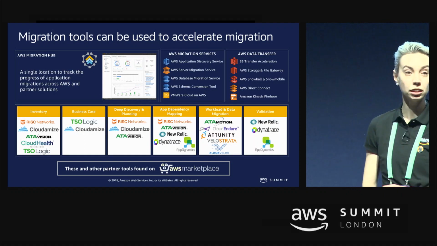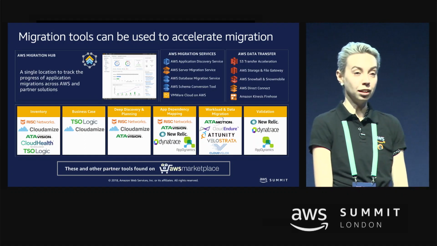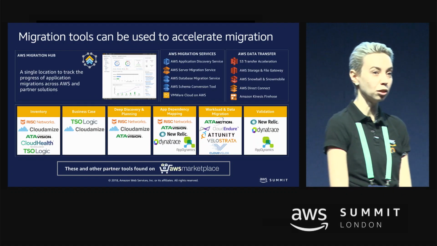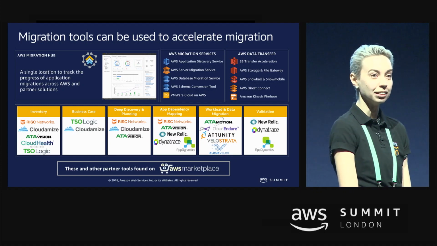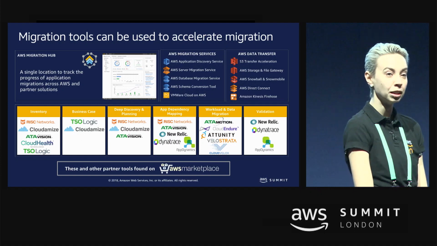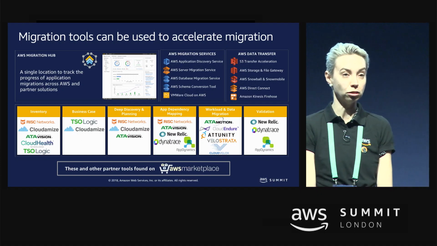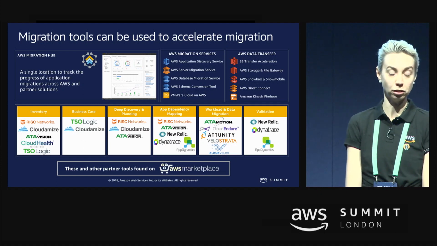And just a quick slide, the ugliest slide, I really hope that is the ugliest slide you have seen today. It's about AWS migration tools, and it's about our partner ecosystem.